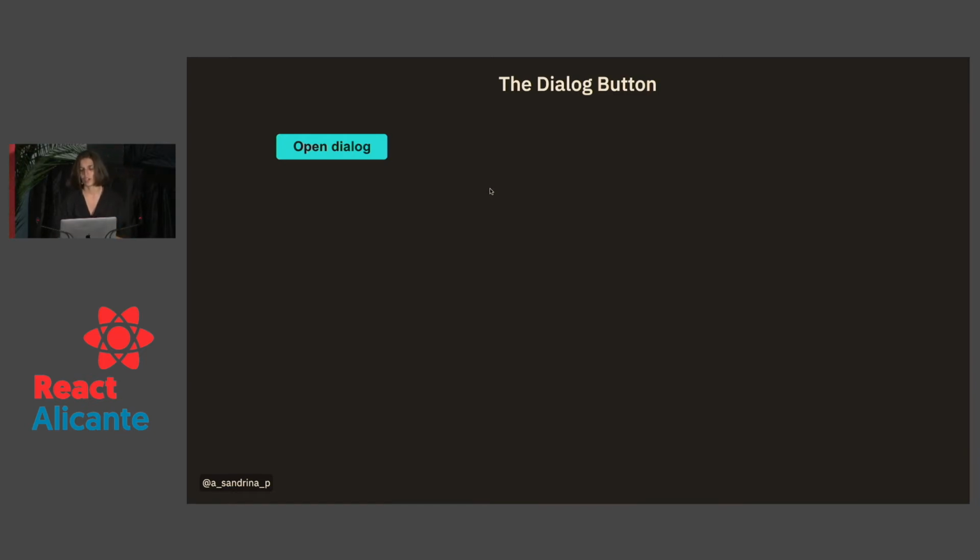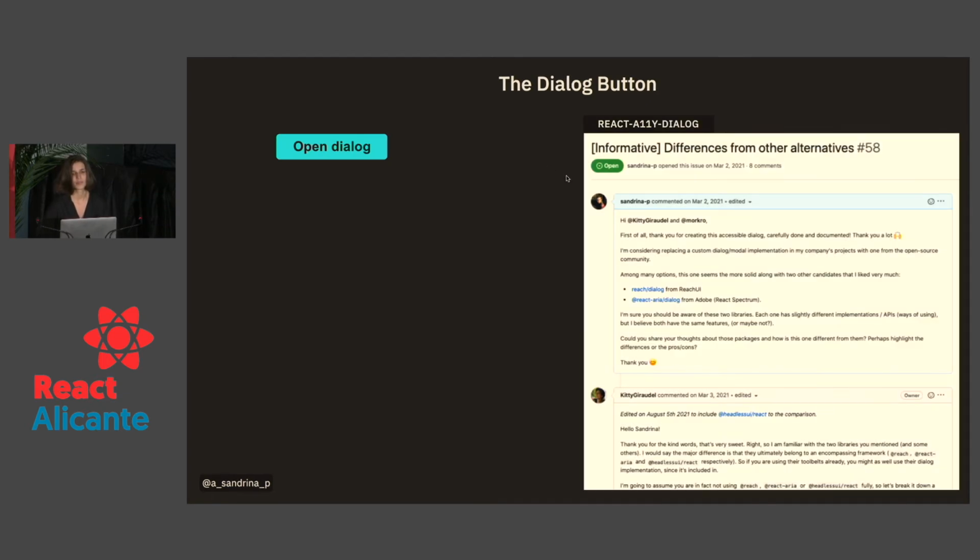A while ago, I was searching in the open source community for a package that does the job for me. And I found a couple of them, quite a few, actually. And I reached out to one of the authors of one of the packages, React Aria Dialog, and I asked them, look, what's the difference between your solution and the other solutions?